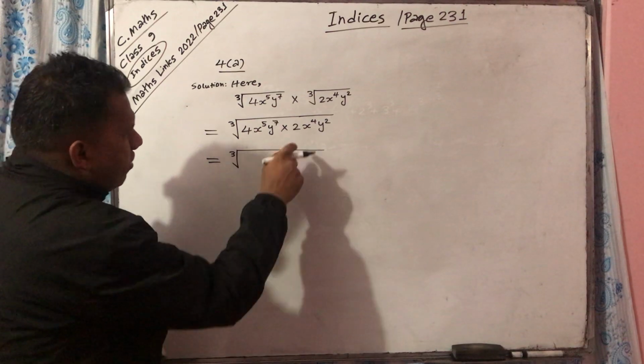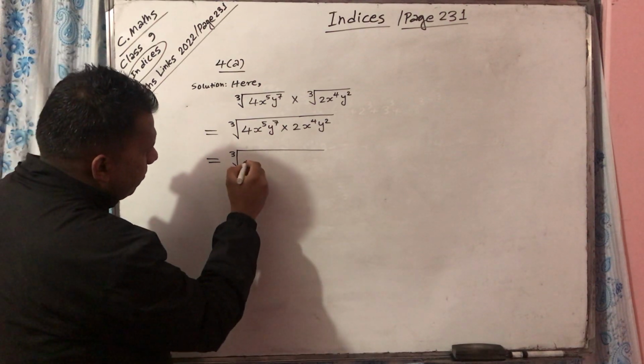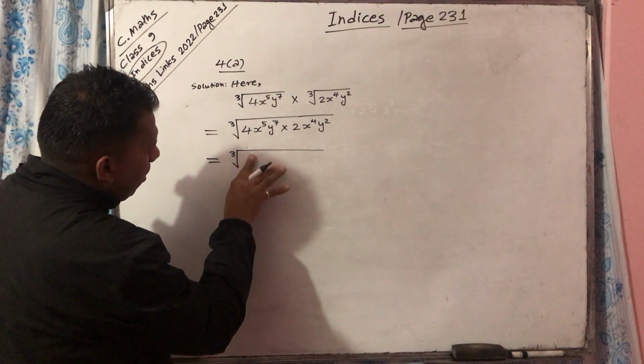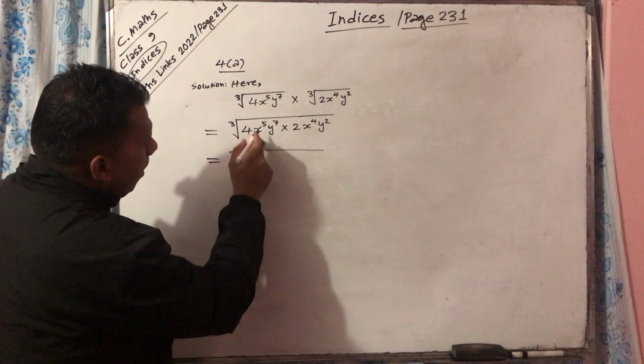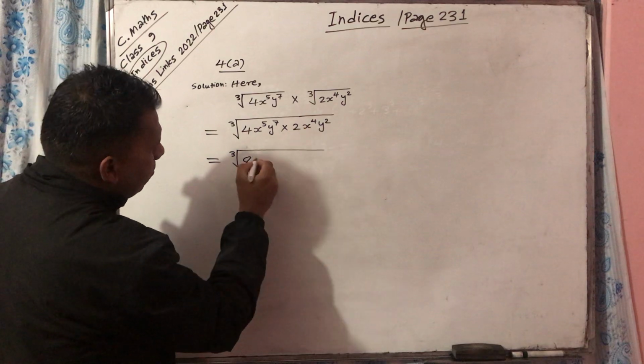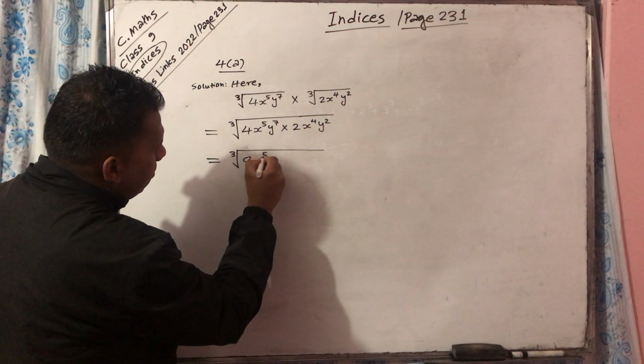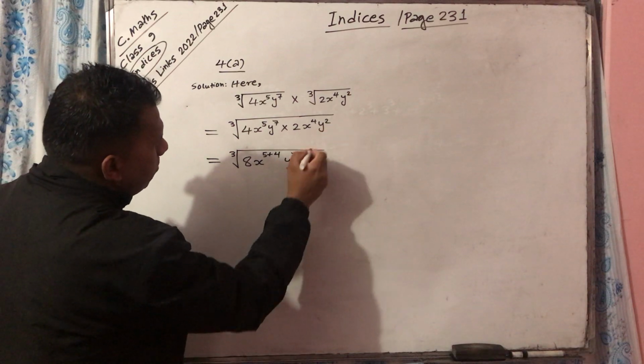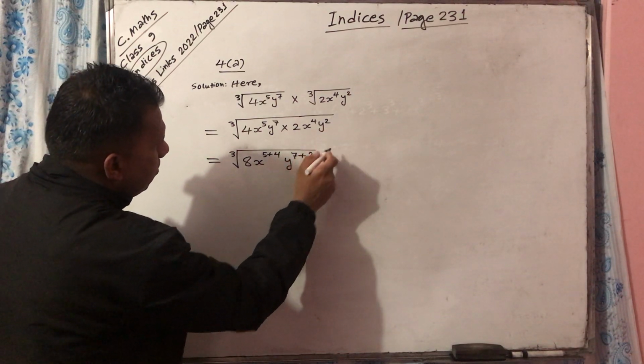This equals to cube root, 4 times 2 is 8, so it is 2 cube. X to the power 5 and here 4, so x to the power 5 plus 4, y to the power 7, here 2, so 7 plus 2.